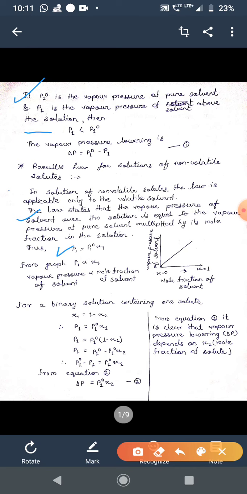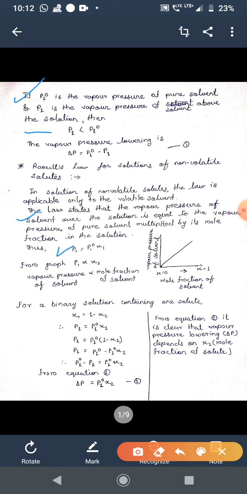When the equation is studied by means of a graph, on the x axis there is the mole fraction of the solvent and on the y axis the vapor pressure of the solvent. When all the values of the x and y coordinates are plotted, the graph observed is a straight line passing through the origin.